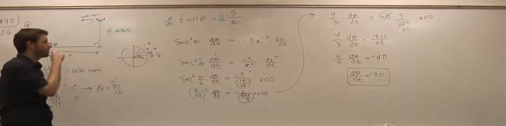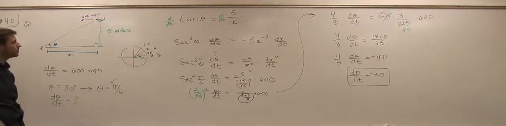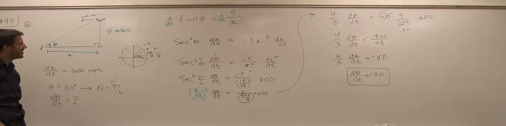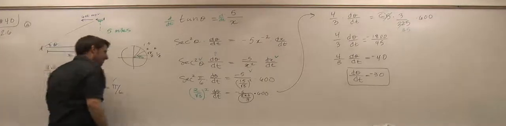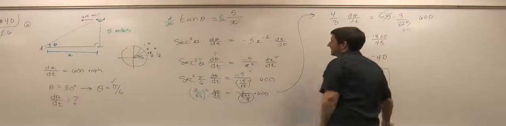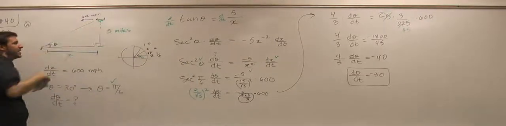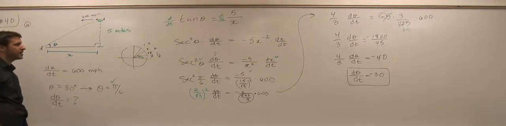But any questions before I show you a slightly easier way to do this? It's okay? You see it? What I probably would have done if I were just sitting in my office trying to do this, instead of using tangent of theta, I probably would have used cotangent of theta.